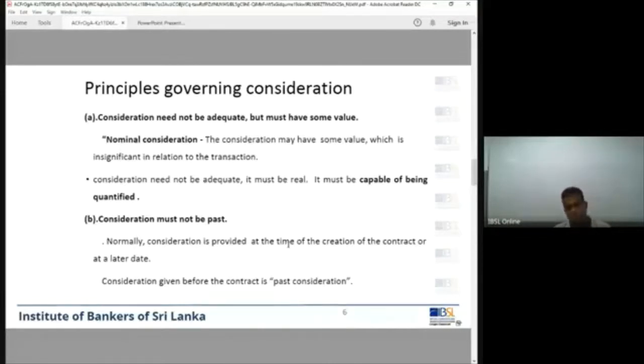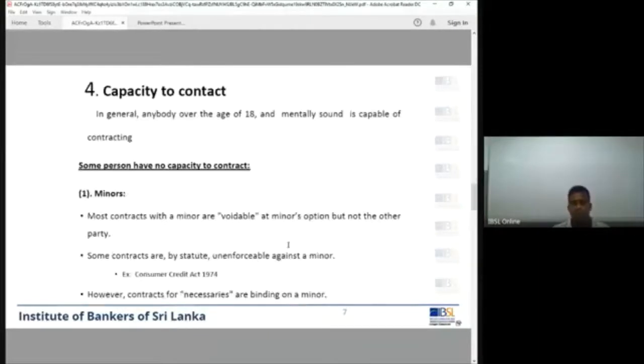We don't pay the consideration before we enter into the contract. If we have paid value before the contract, that type of consideration is called past consideration. So consideration given before the contract is called past consideration.